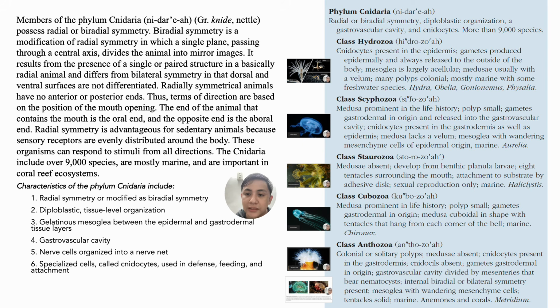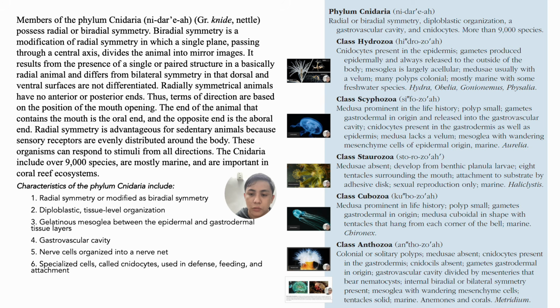They are diploblastic, having two main tissue layers, an epidermis and a gastrodermis, with a jelly-like layer called the mesoglea in between. A defining feature is the cnidocyte, or the stinging cells, that is used for defense and capturing prey. Cnidarians also have a nerve net, a simple nervous system, and a gastrovascular cavity for digestion.